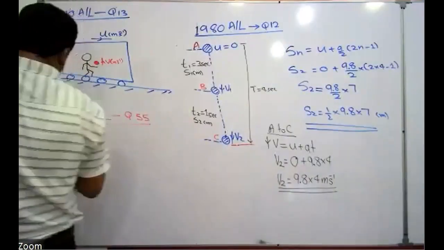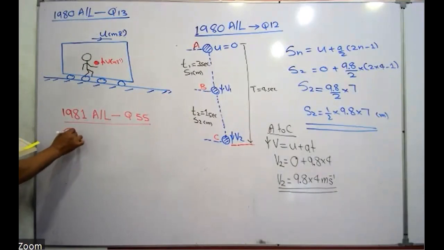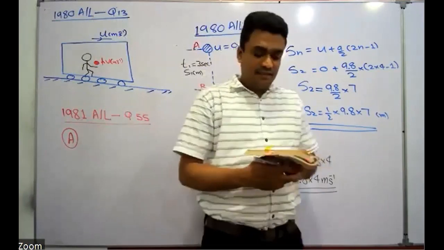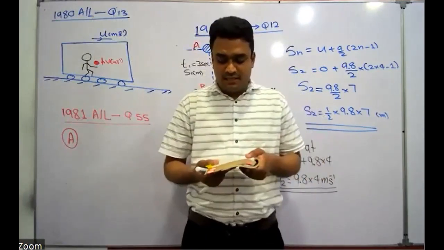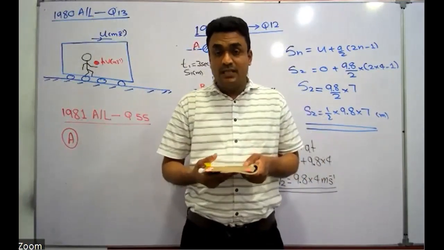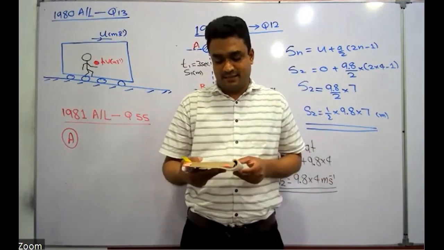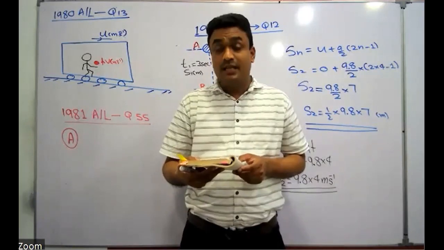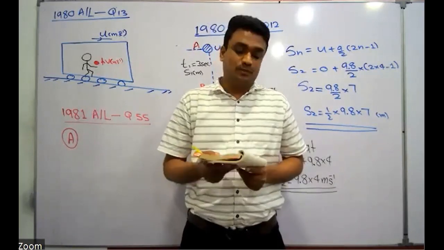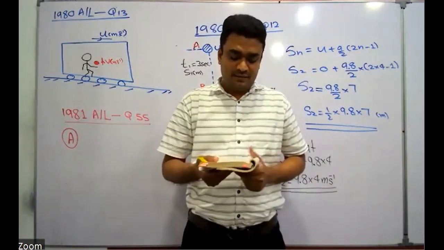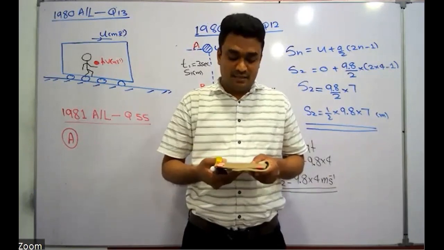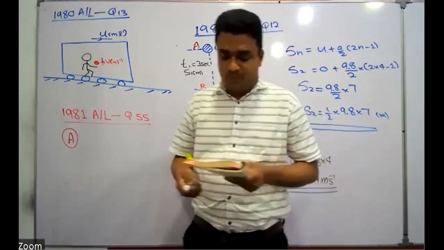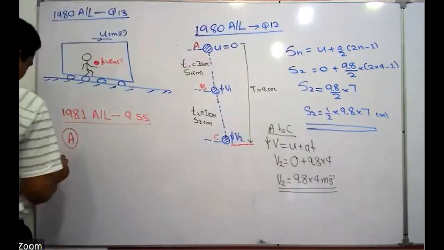Capital A, circle it. Statement A: X and Y meet 5 meters below the highest point.